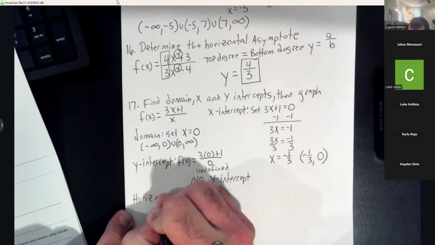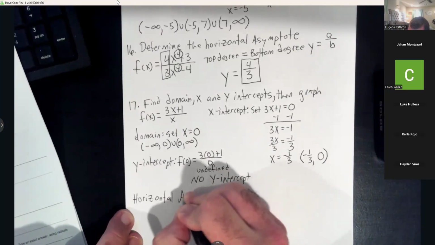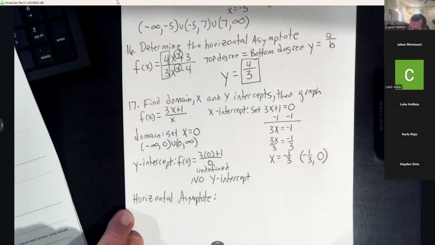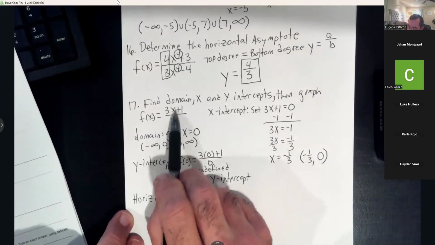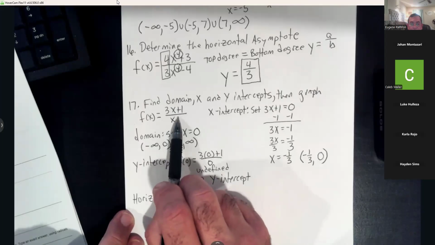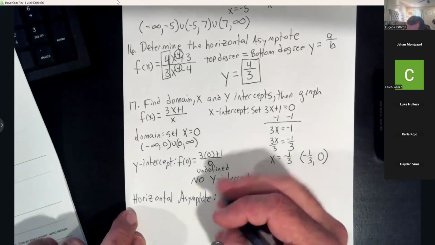The horizontal asymptote: well, y'all, these are equal. That's an x to the first. That's an x to the first. So the top equals the bottom.